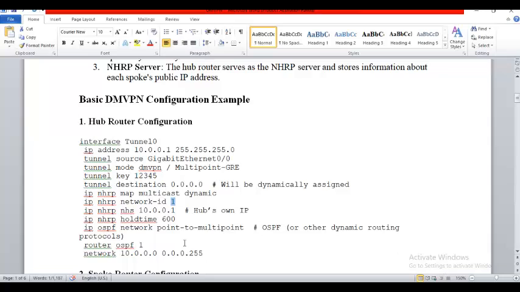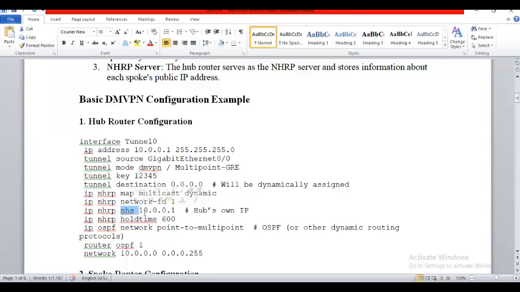Right? And on the hub, we also type this command, but on the spokes we type it with the public IP address of the hub. On the hub, you say this command, IP NHRP nhs self, or nhs server. Who is the server for NHRP? The hub is the server, isn't it? Everyone comes and registers. So this is saying this address is the server's address.